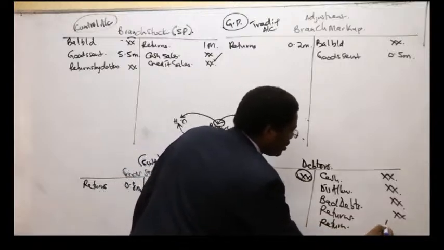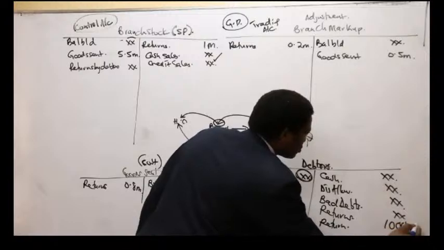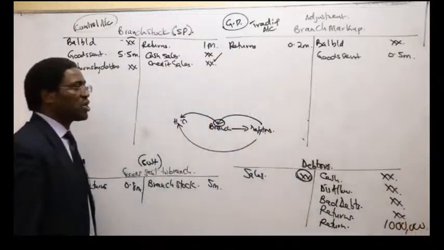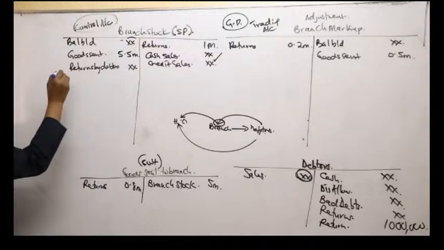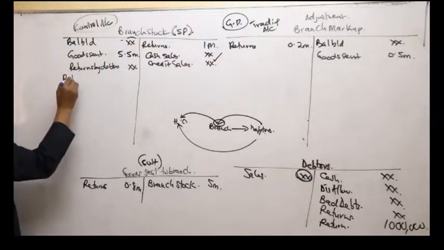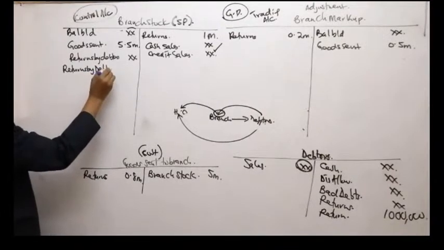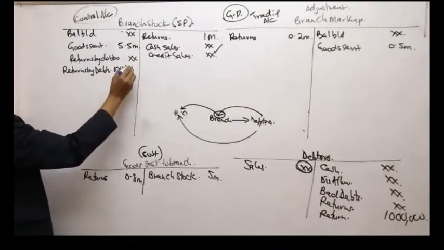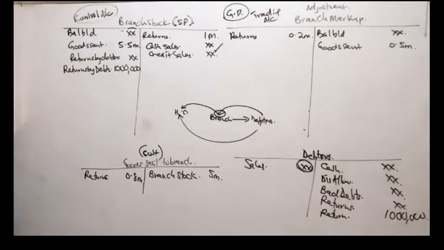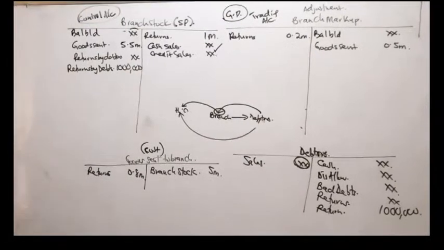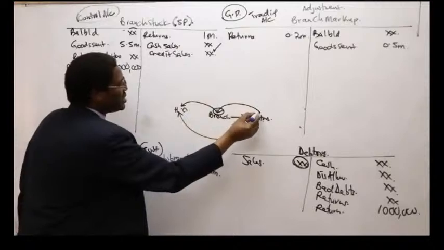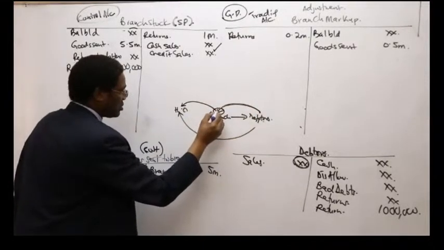Let us assume the value was 1 million. You credit debtors and you debit branch stock, and you say returns by debtors 1 million. That way, we assumed that the debtor returned them to the branch.